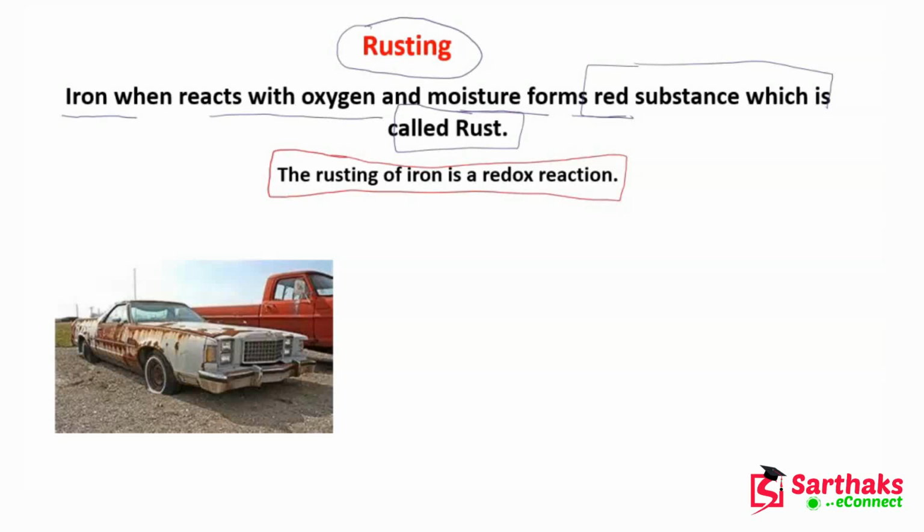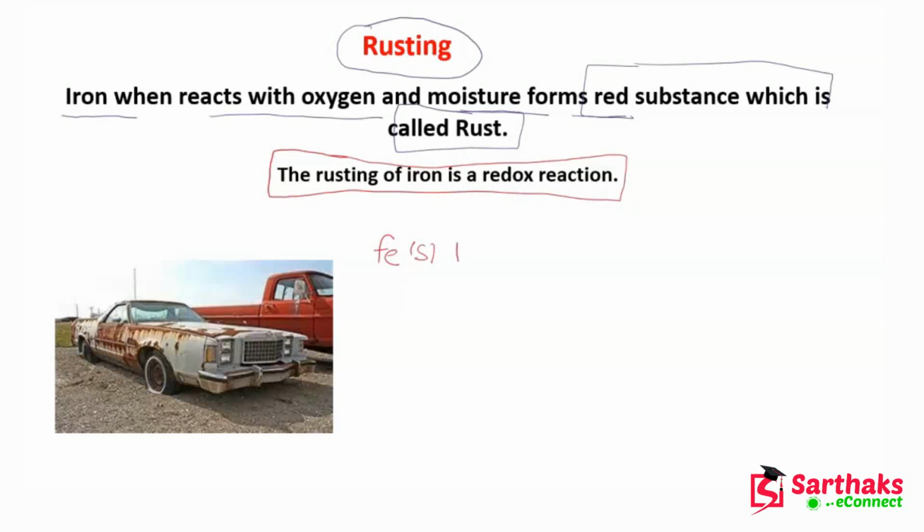So guys, let me write the reaction which happens in the case of iron. Let's suppose this is your iron, and it is in solid state because this is a metal.